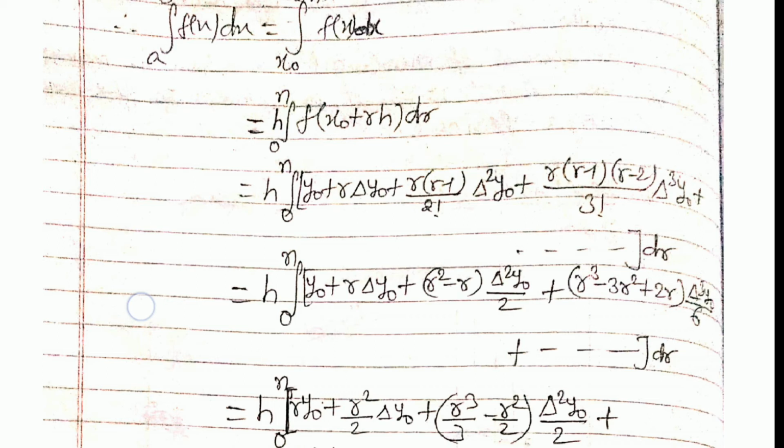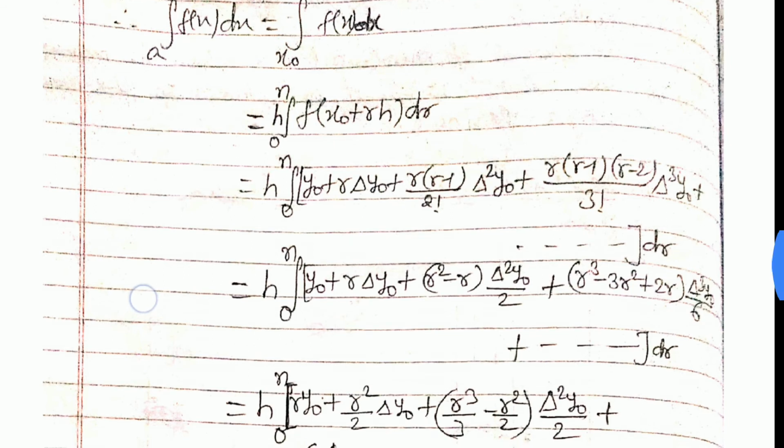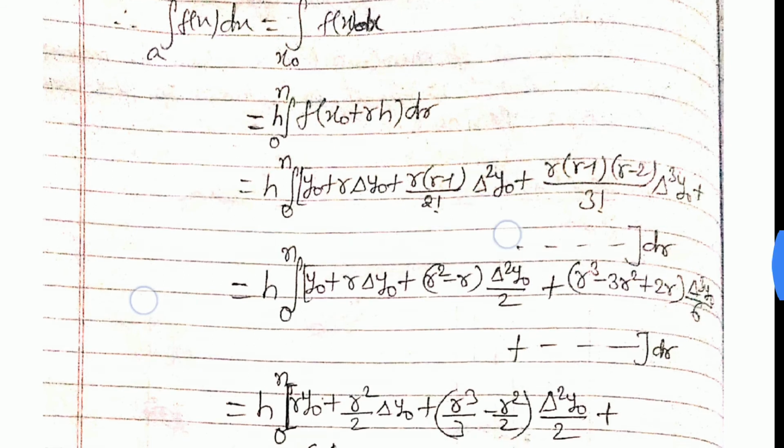Then we apply Newton's forward interpolation formula. We write this in the form of y naught plus r into first difference of y naught plus r into r minus 1 by factorial 2 into second difference of y naught, and so on.